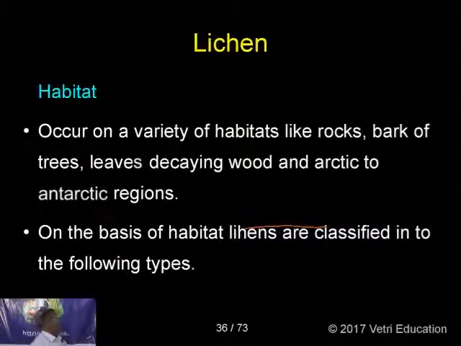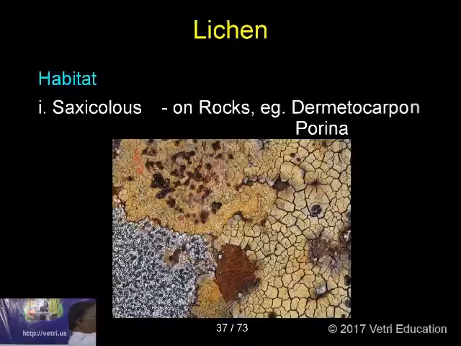Let us see where you can find these lichens. They occur in a variety of habitats like rocks, bark of trees, leaves, decaying wood, and Arctic to Antarctic regions. On the basis of habit, lichens are classified into the following types.